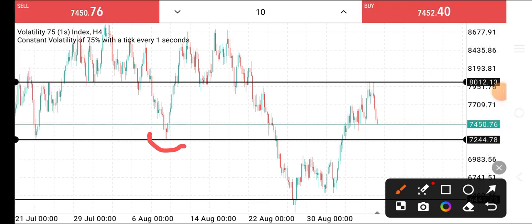after breaking below that level, I'm not still going to enter. I'll wait for a retracement back to the equilibrium zone. Then on that retracement, if the market breaks above this, your analysis is wrong.